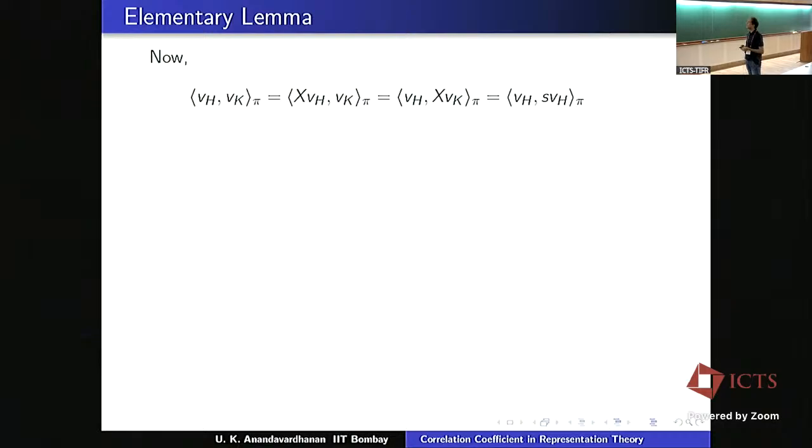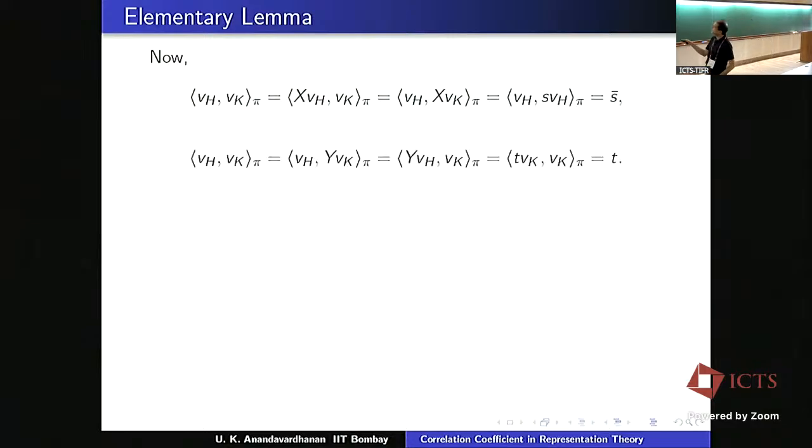It's a Hermitian inner product and of unit norm, so what comes out is S bar. Let's do the same thing with VH, VK applied to Y, and this time what comes out is T. So S bar is equal to T: one of these scalars is the conjugate of the other. And what was the definition of the correlation coefficient? The modulus squared. So it is mod S squared, which is S bar times T.